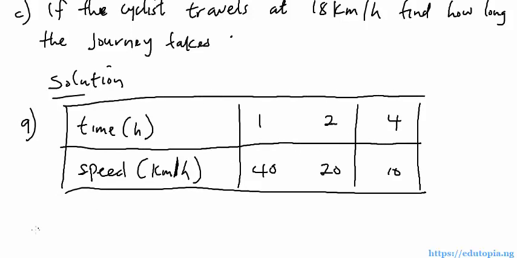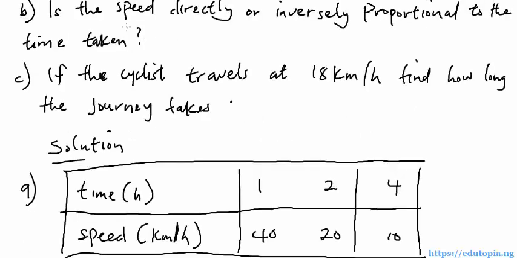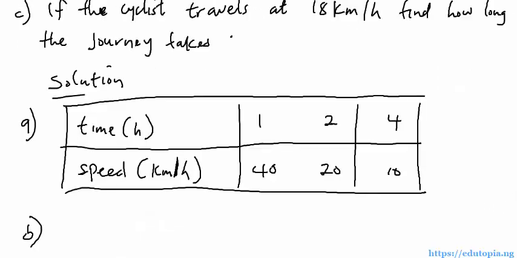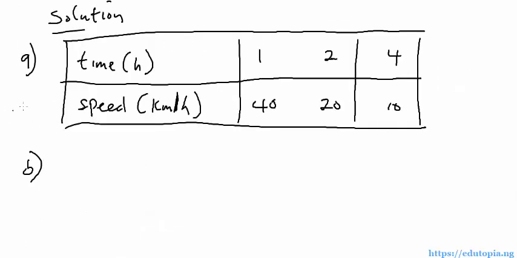Okay, now the B part of the question reads: is the speed directly or inversely proportional to the time taken? It's as simple as this: speed and time are inversely proportional. From the table, as you can see, if the time is doubled, the speed is halved. From the time 1 to 2, the speed has been halved from 40 to 20.